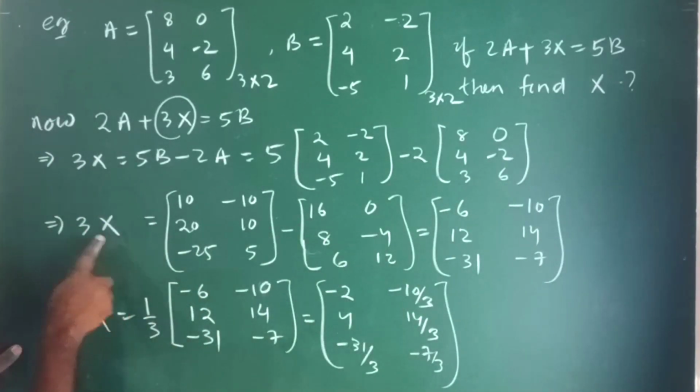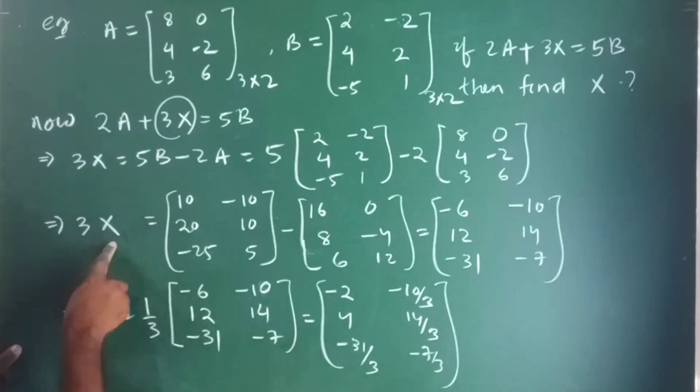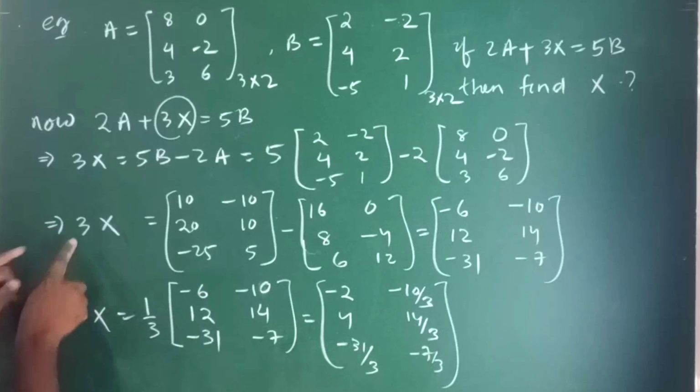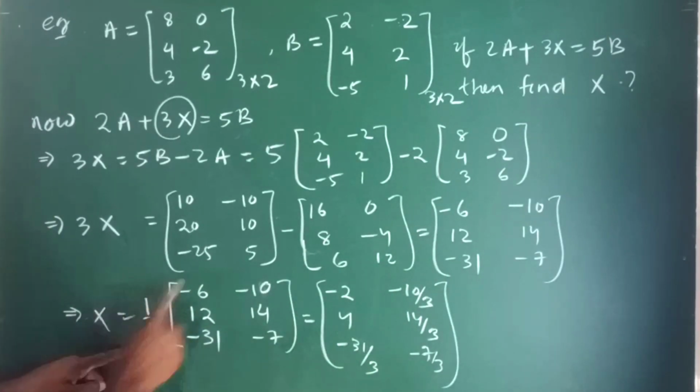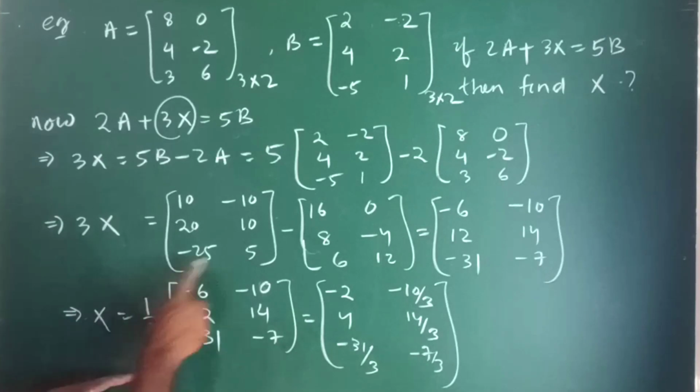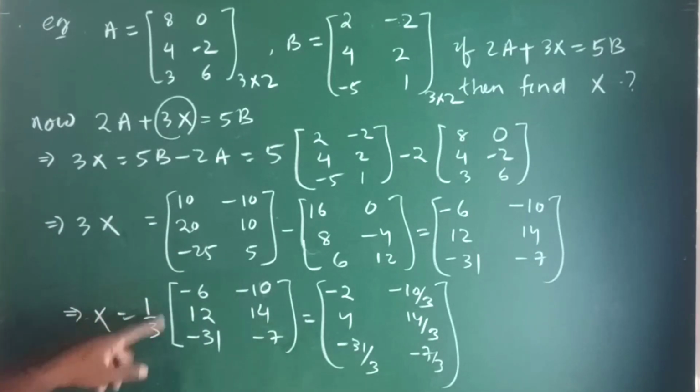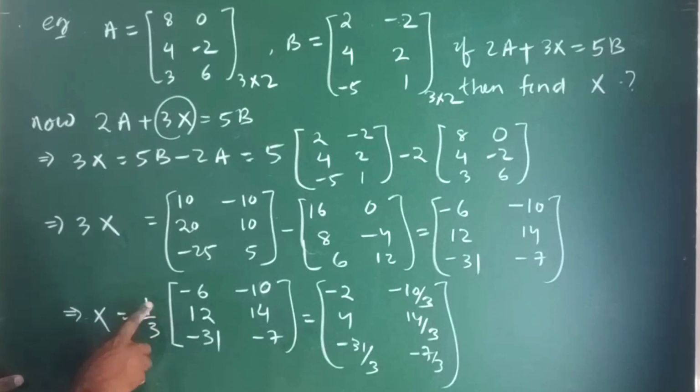तो X is equal to, we have to divide by 3. So X is equal to 3 divide करेंगे means X is equal to 1 by 3 into this. So 1 by 3 into this matrix means we have to multiply this scalar 1 by 3 to every element.